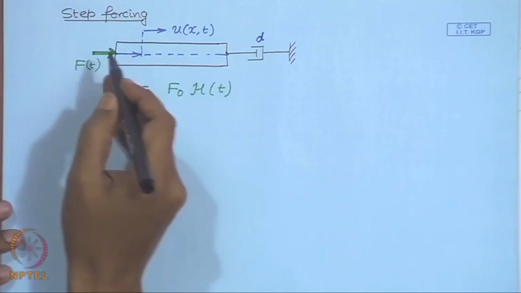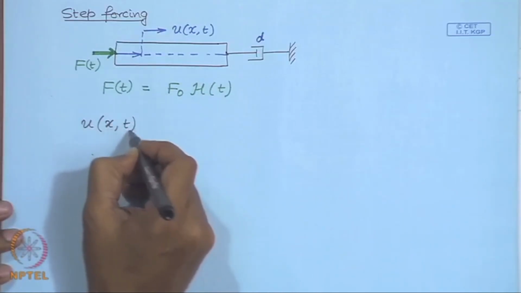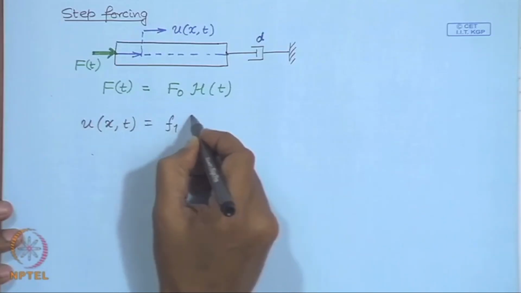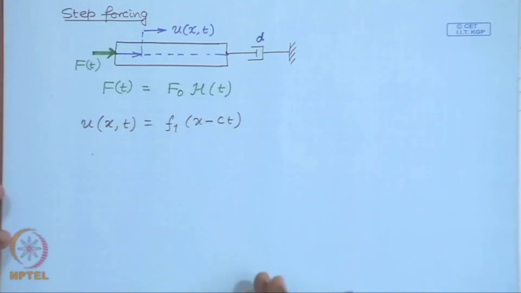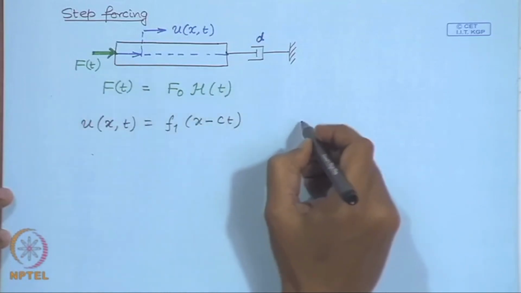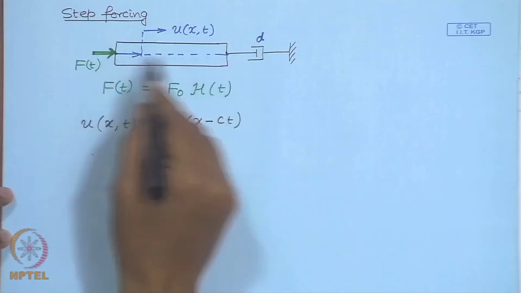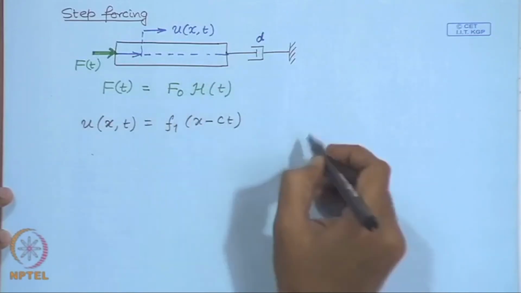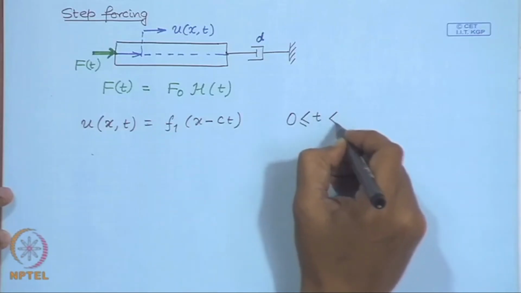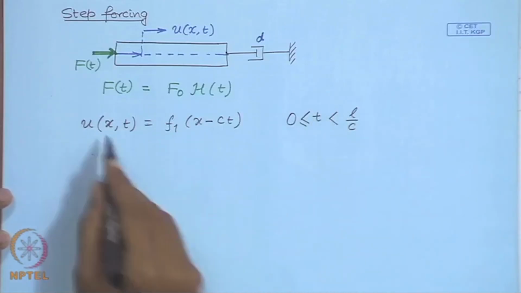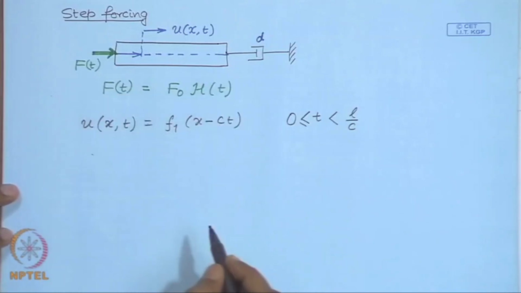So, we have a positive travelling wave propagating in the bar, and this is going to be the situation, the solution, as long as this wave does not hit the right boundary.